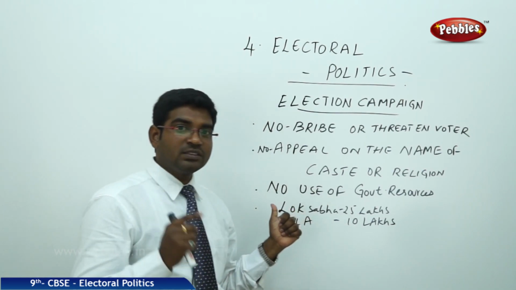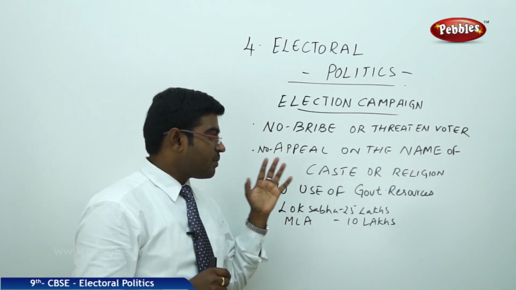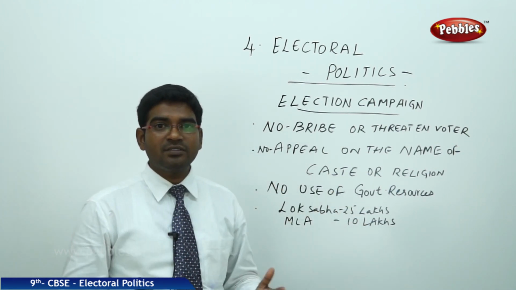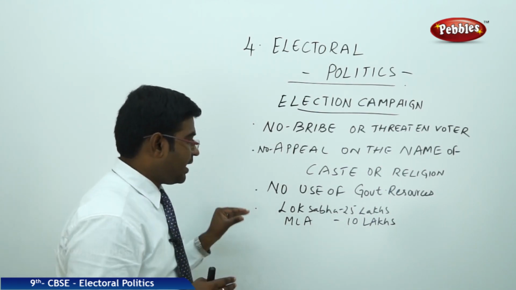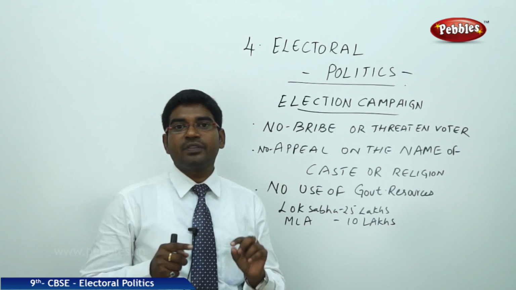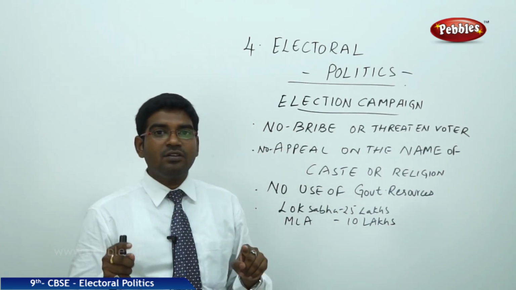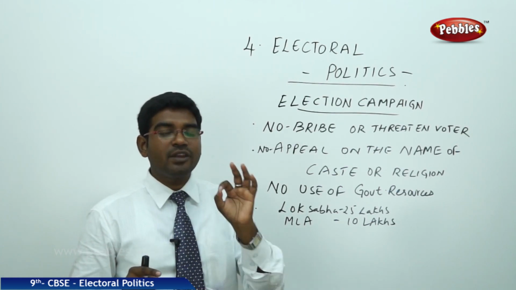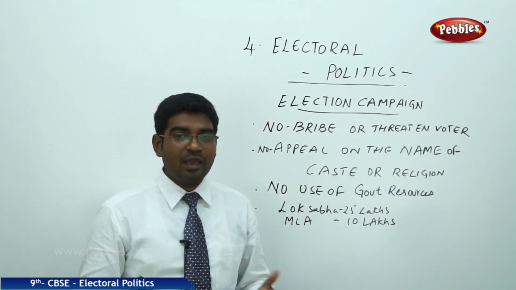And later, the third important one, he should not use any of the government resources, government buildings, government structures for his campaigning. And they also made a restriction that if a candidate is contesting for the Lok Sabha, he should spend a maximum amount of only 25 lakhs for his campaigning.